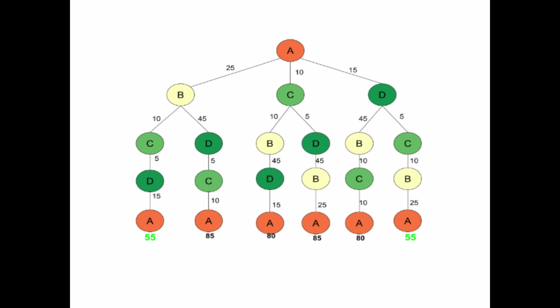Here the minimum cost is from the path A to B, B to C, C to D and D to A. So hence this is the minimum cost path the traveling salesman can choose. And similarly, there is one more path, that is A to D, D to C, C to B, B to A, which is also a minimum cost path. So the traveling person can choose any of these two paths.